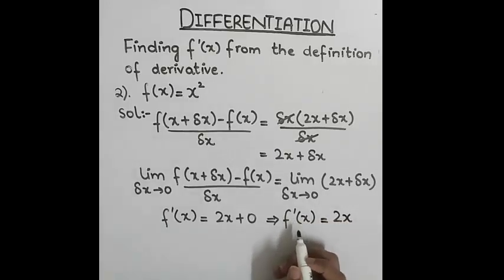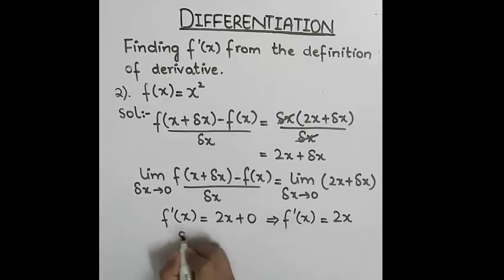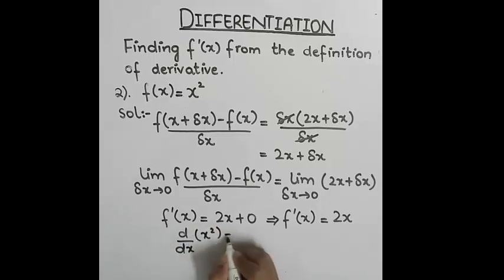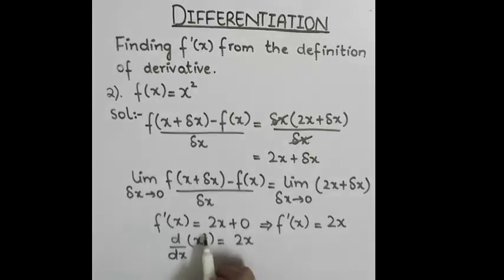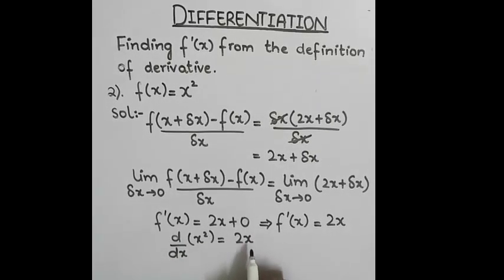So f dash x means the derivative of a function with respect to x. The function here we have is x square. So we can write d over dx of x square is equal to 2x. So the derivative of x raised to power 2 is 2 times x.